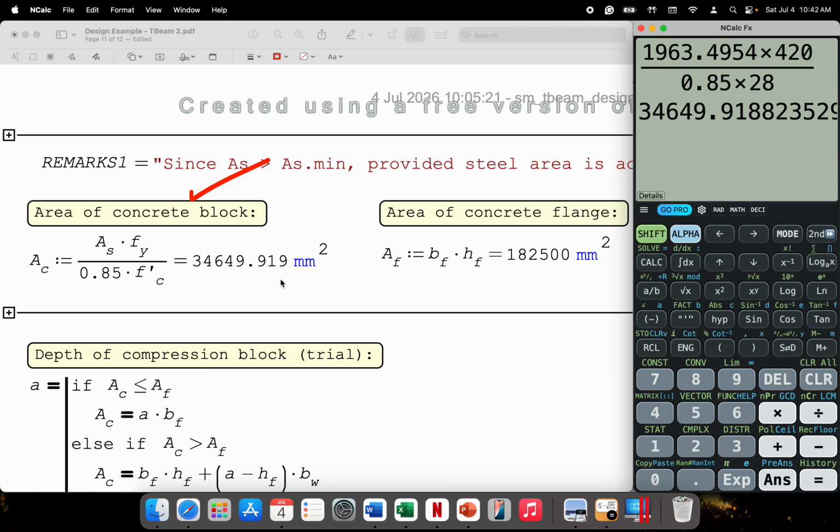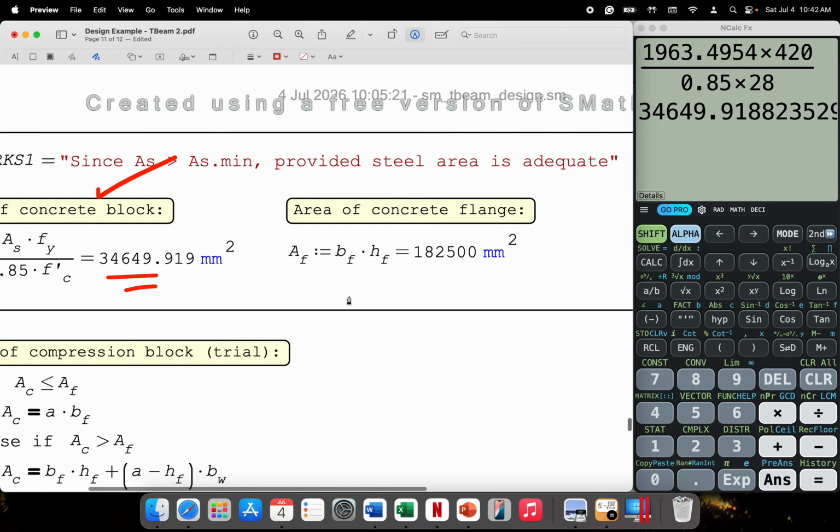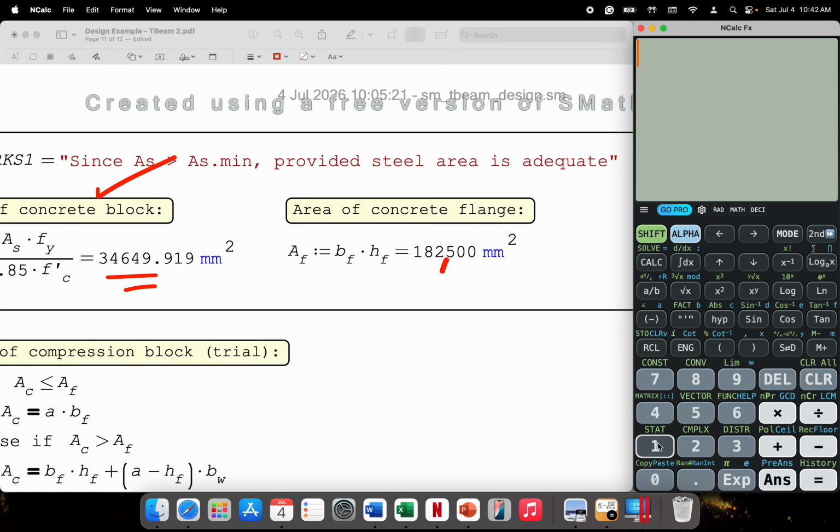So yung makalculate natin na area ng ating concrete block is 34,649.919. And the area ng ating concrete flange is 182,500. That is equivalent to 1825. Yung nasolve natin previously from our design times yung H sub F natin na 100.